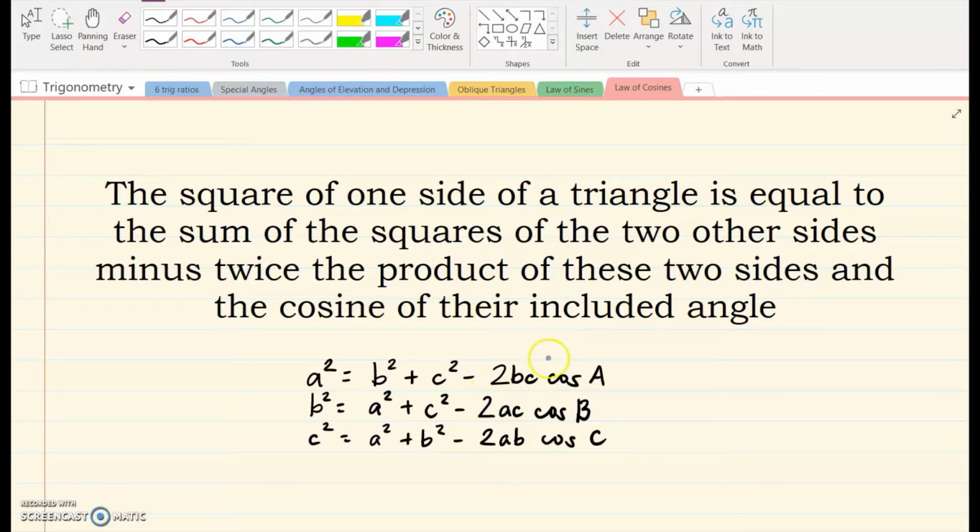So we use these formulas here if you are given the included angle and the two sides. Okay, so let us have our first example.